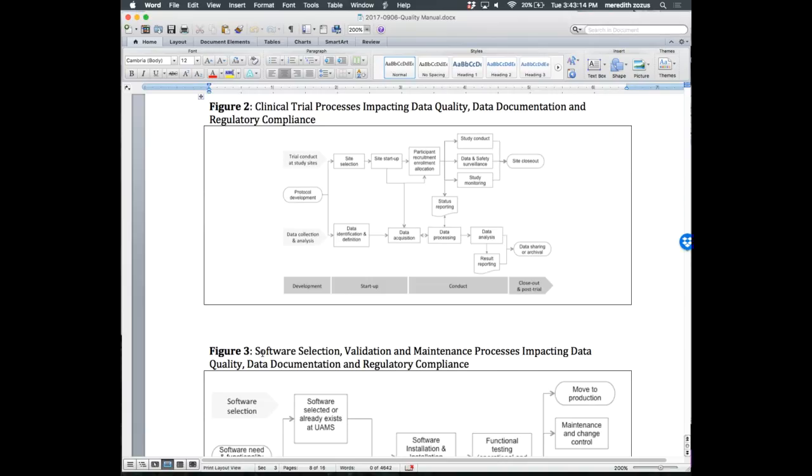When we think about SOPs, we have an SOP for protocol development, an SOP for site selection, and an SOP for site startup. We actually put data acquisition and processing together. Lots of those boxes on that diagram correspond to standard operating procedures that exist.